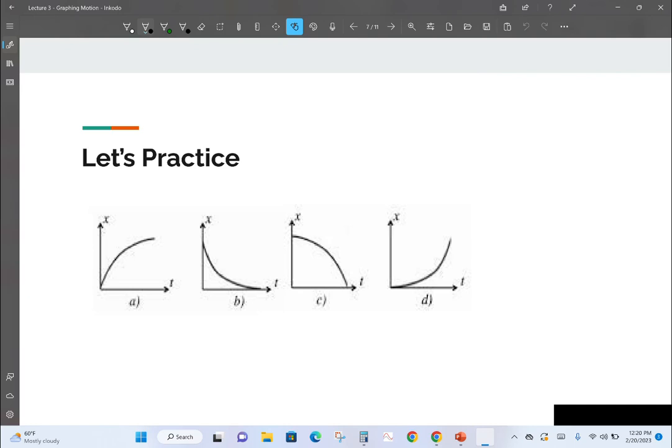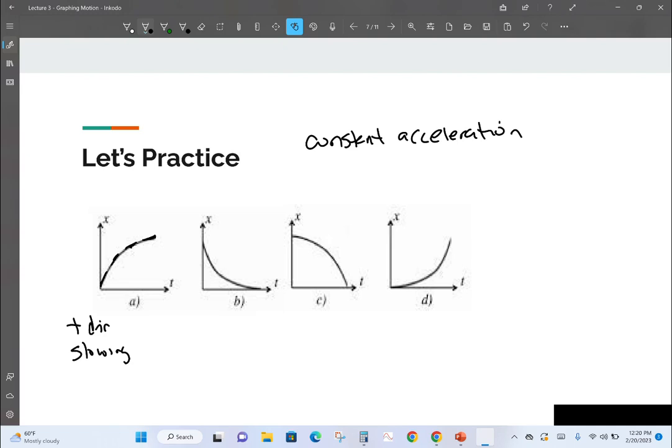So let's label and describe what's going on in these graphs. First of all, the slope is not constant. So these are all undergoing some kind of constant acceleration. That's the type of motion. Let's really talk about what's going on. The slope is getting steeper, so it's moving in a positive direction, and the slope is getting flatter.